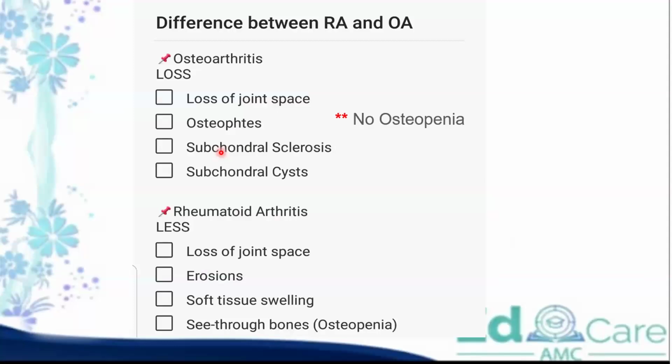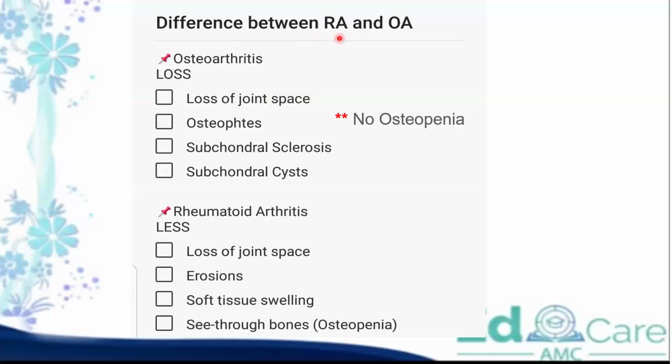So remember this mnemonic for the X-ray findings of osteoarthritis and rheumatoid arthritis. It can be confusing, but just know these points because there is an MCQ that has been asked around the X-ray findings. They'll give you symptoms suggestive of rheumatoid arthritis, so when you're reading the question you will think, this sounds exactly like rheumatoid arthritis.